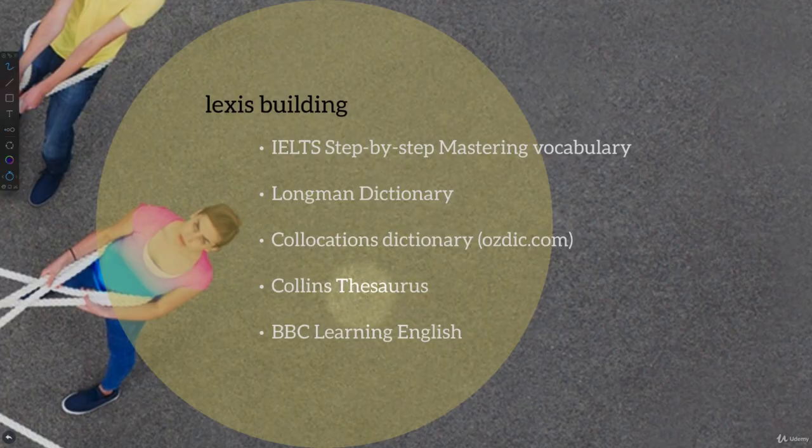Now, the other thing that we need to know about in order to build our lexis is a thesaurus. Okay, and basically what this is, it's a group of synonyms for the word that you're looking for. So say, for example, contribution is the word we're looking at.